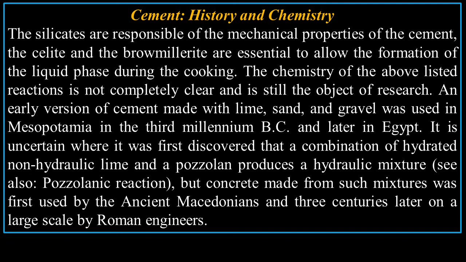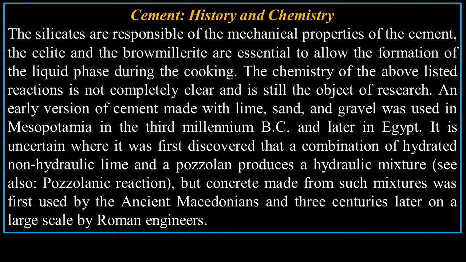An early version of cement made with lime, sand, and gravel was used in Mesopotamia in the 3rd millennium BC and later in Egypt. It is uncertain where it was first discovered that a combination of hydrated non-hydraulic lime and a pozzolan produces a hydraulic mixture. See also pozzolanic reaction.